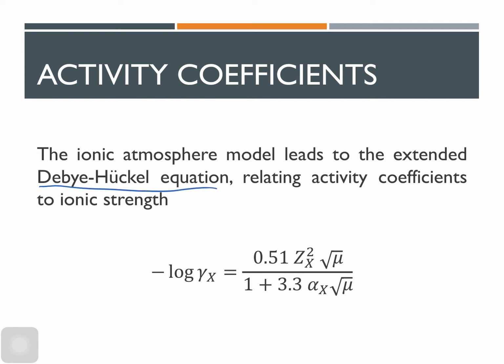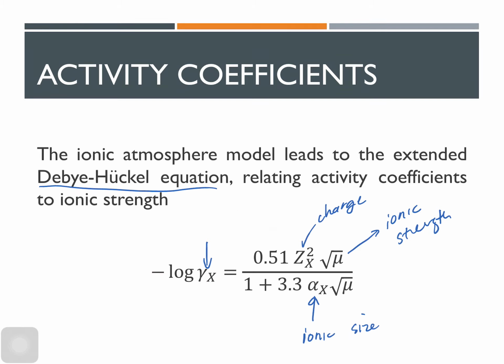This is the equation that allows us to solve for the value of the activity coefficient as long as you know the charge, the ionic strength, and the ionic size or the hydration size. Those parameters are already given. So in order for us to solve for the gamma, we have to use this Debye-Hückel equation.